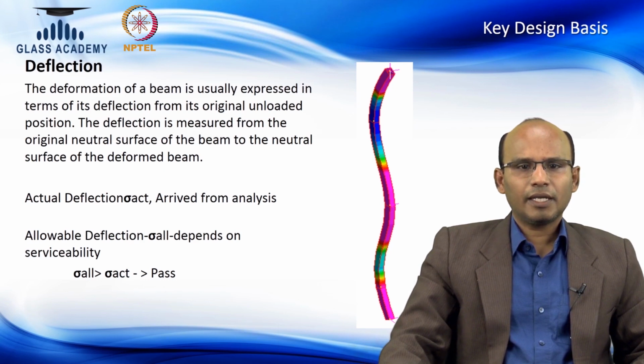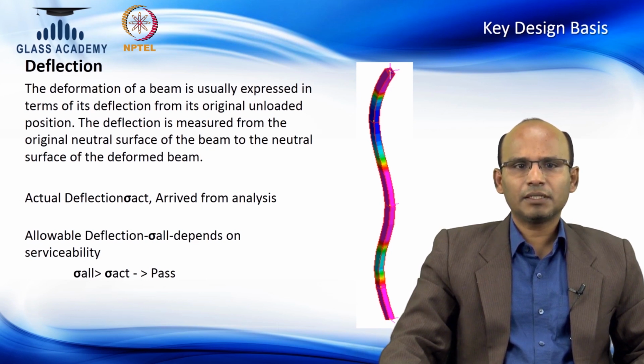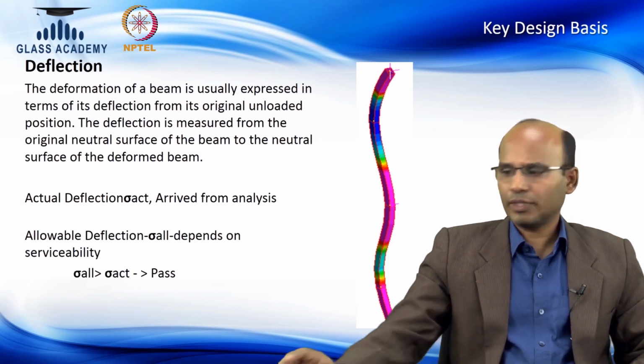Like any other structural element, an allowable deflection criterion is specified, mainly for serviceability and aesthetic conditions. Then the actual deflection is predicted, and the engineer needs to check that it is within the allowable limit, then the framing elements or members are considered structurally adequate.